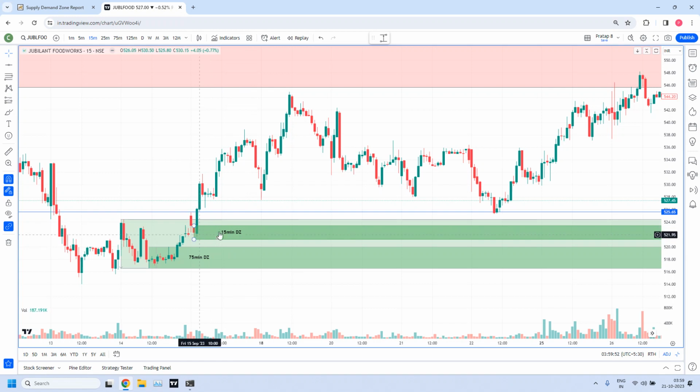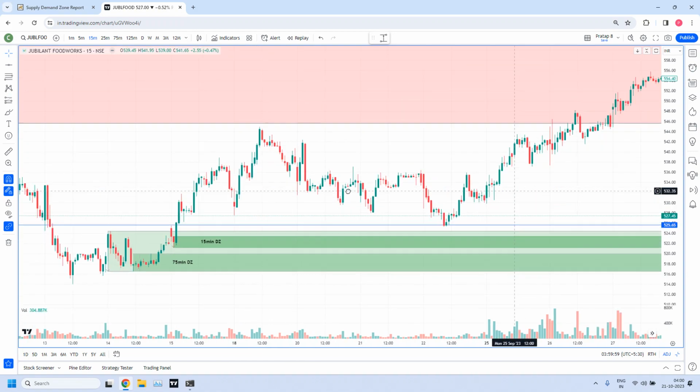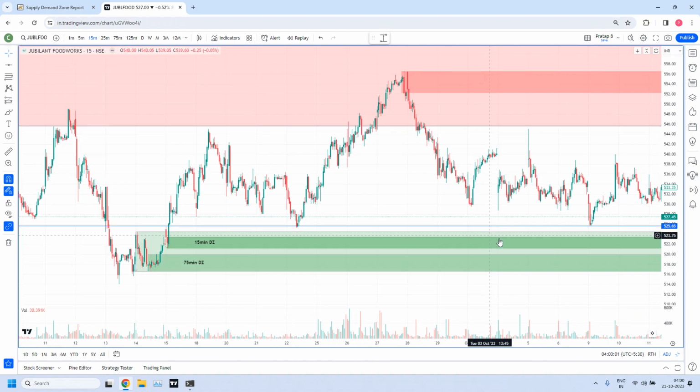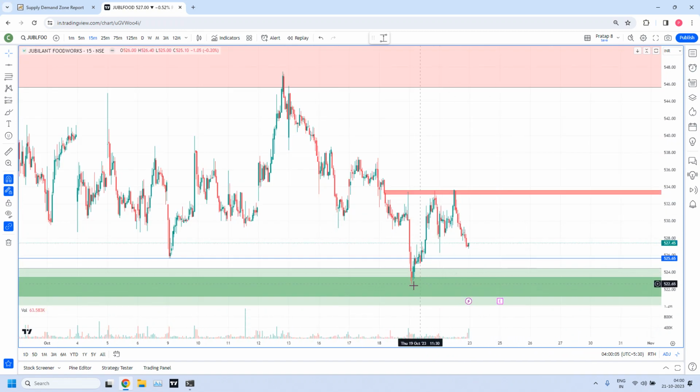Even if we get a loss, even if it is stopped out, the loss is very minimal. That is another reason for considering this zone. First of all, having confidence that it won't be stopped out. Maybe the second time or third time it will be stopped out. Who knows? It may work even the second time also. We don't know.